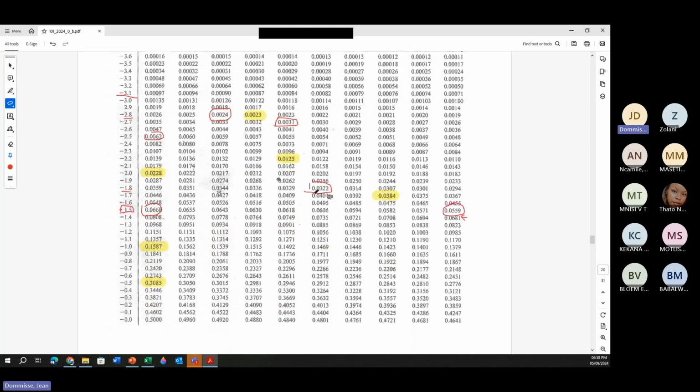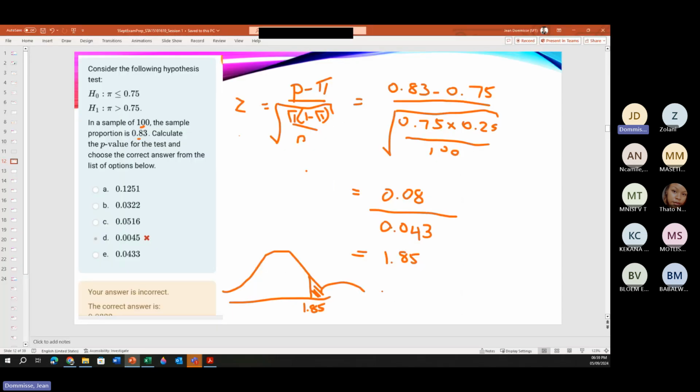See, yes, 0.0322. 0.0322, that would have been the p-value. And again, it's one directional, so it's only the one side.